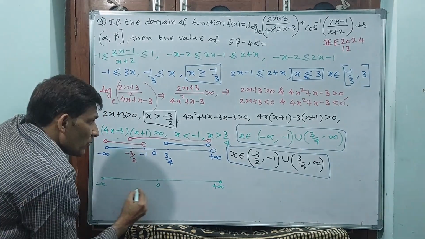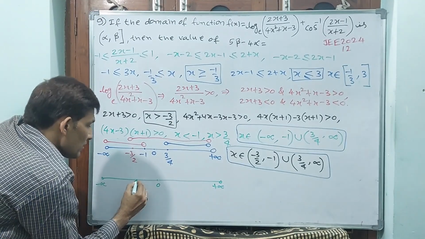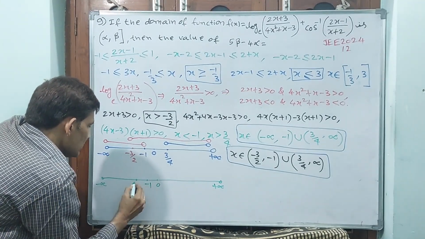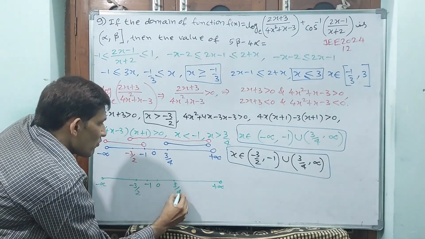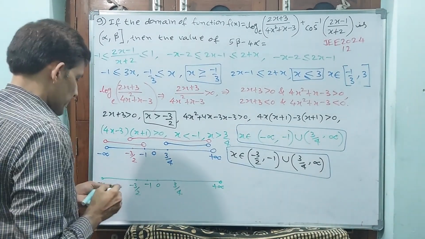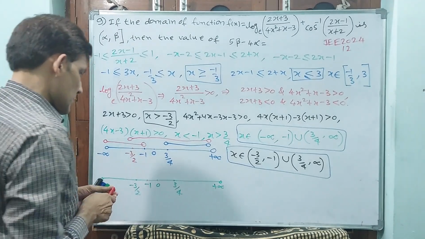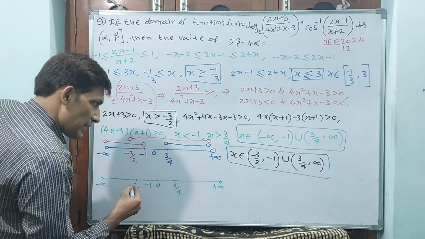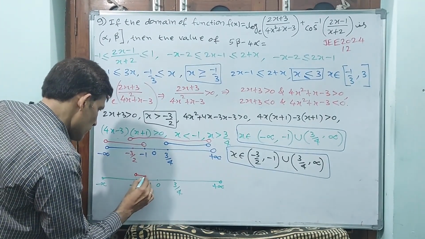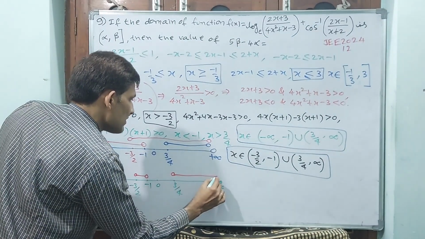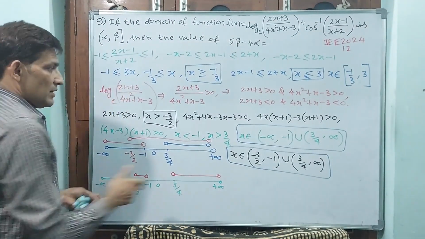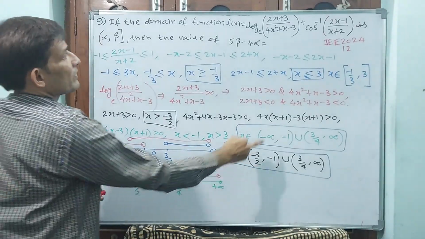Say this is 0, this is minus 1, this is minus 3 by 2, and this is 3 by 4. This is infinity. Okay. Now minus 3 by 2 to minus 1 open interval, and 3 by 4 to infinity also open interval. Based on this, see, this is for log.